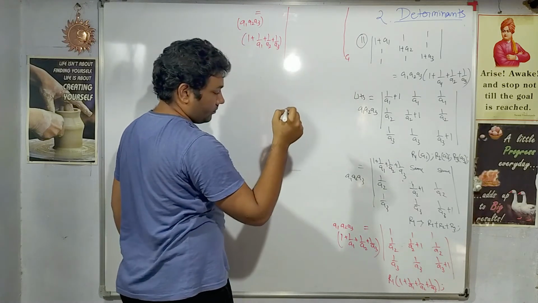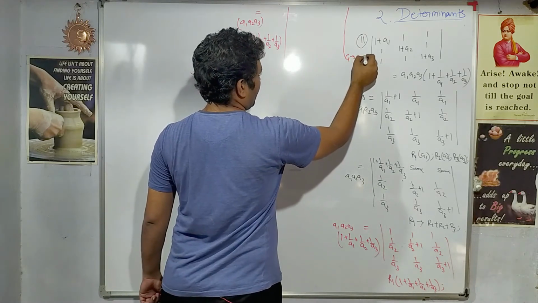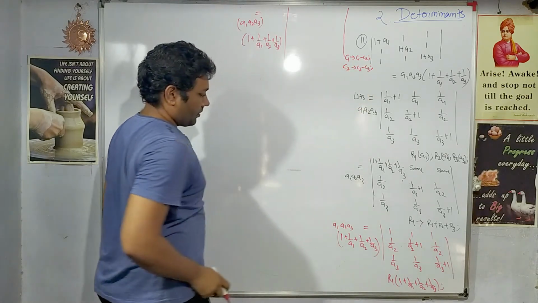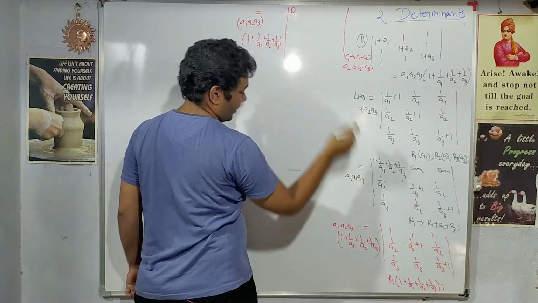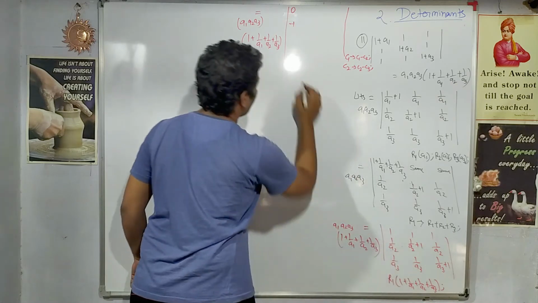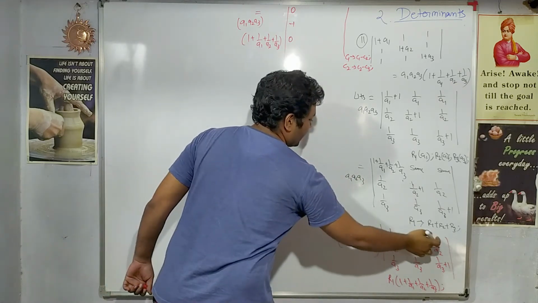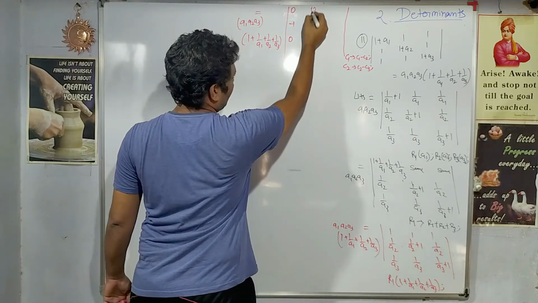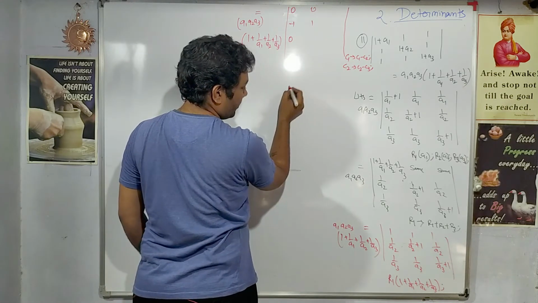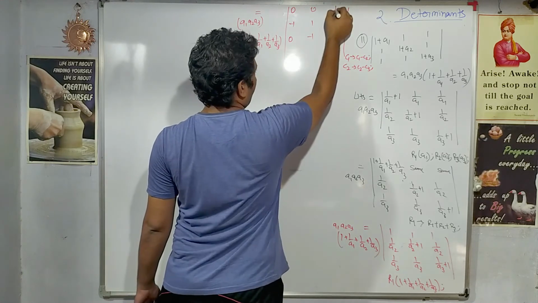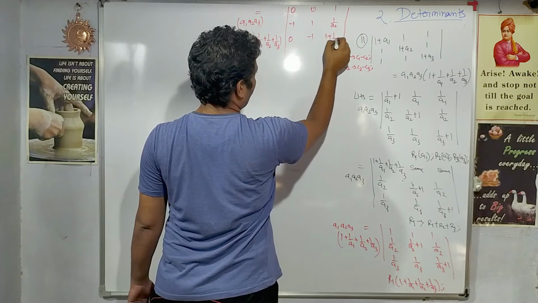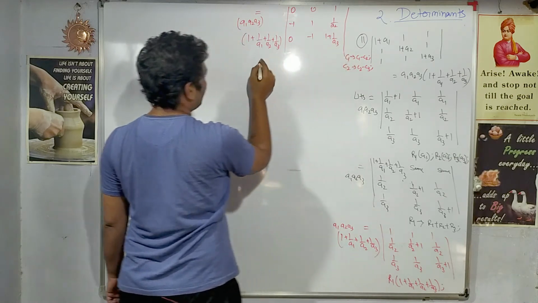In column 1 I will carry out the operation C1 minus C2, and column 2 will be C2 minus C3. So let us do 1 minus 1, 0. This subtraction if I do, I will get minus 1. Here if I do the subtraction again, I will get 0. Here C2 minus C3, 0, then 1, then minus 1, and the last row remains as it is, 1 plus 1 upon a3. Now you can do the expansion.